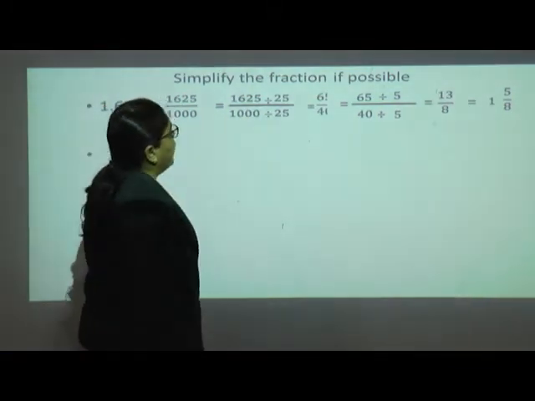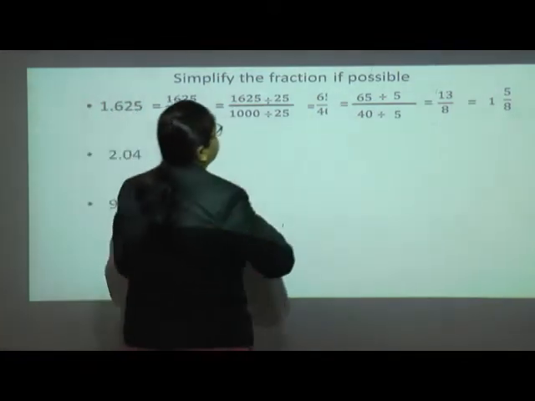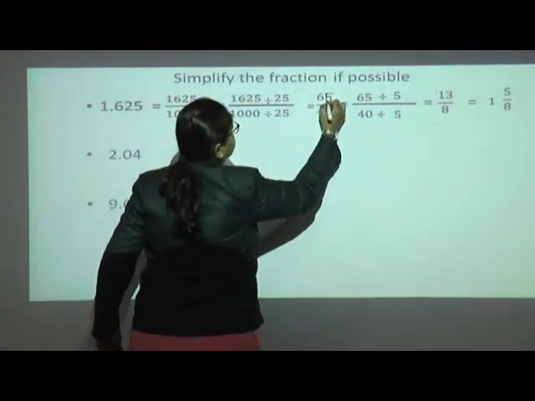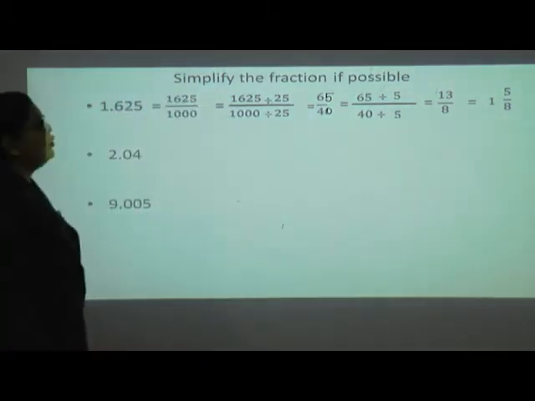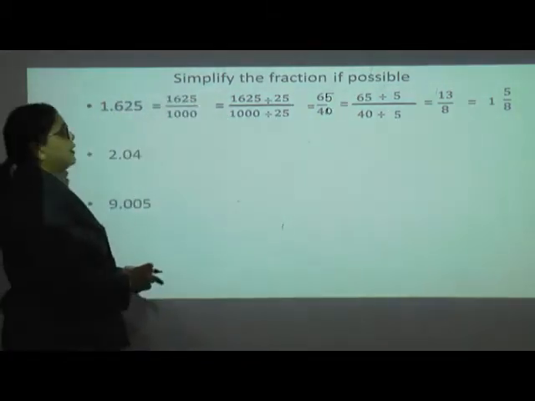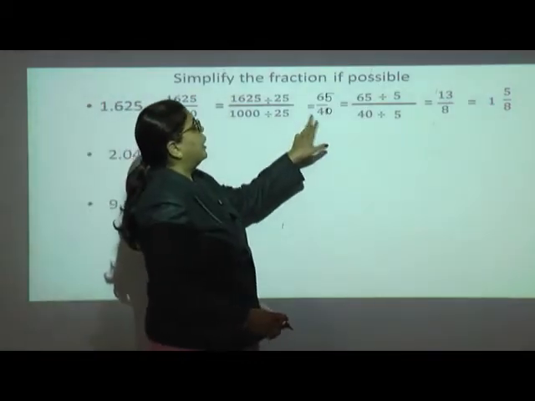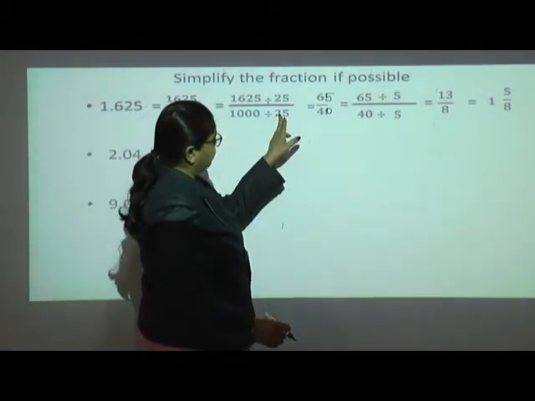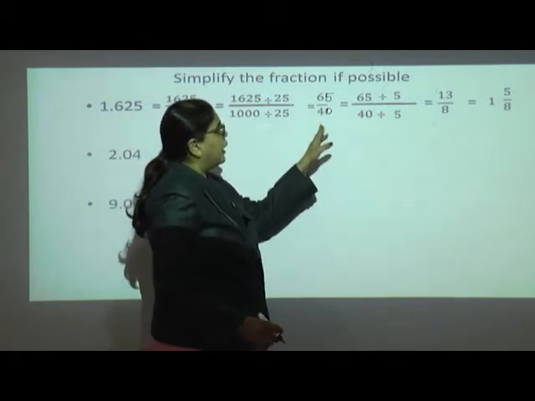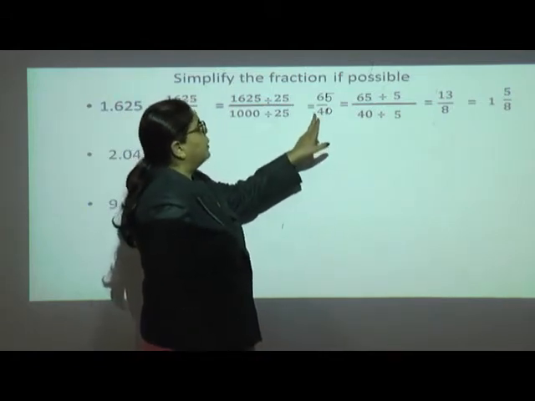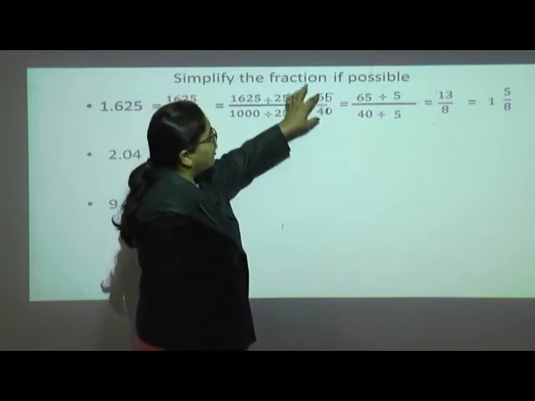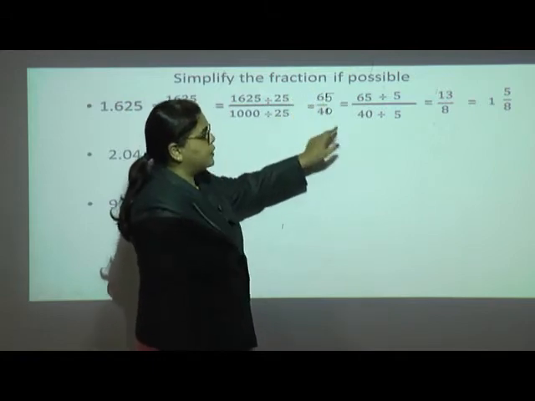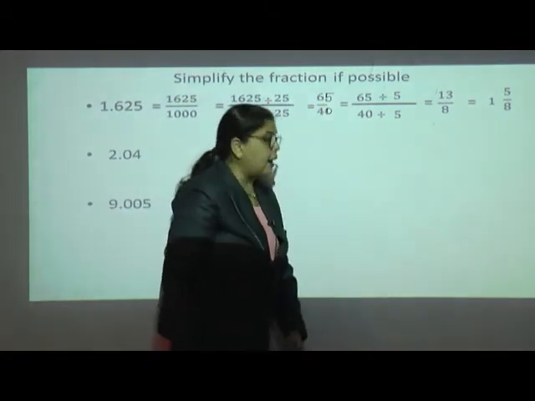So we are getting 65 upon 40. So we are getting this 65 upon 40 after dividing it by 25. Now if it is possible to reduce or simplify, again we have to simplify. Again we are having 5 and 0 in the ones place, so it is divisible by 5.